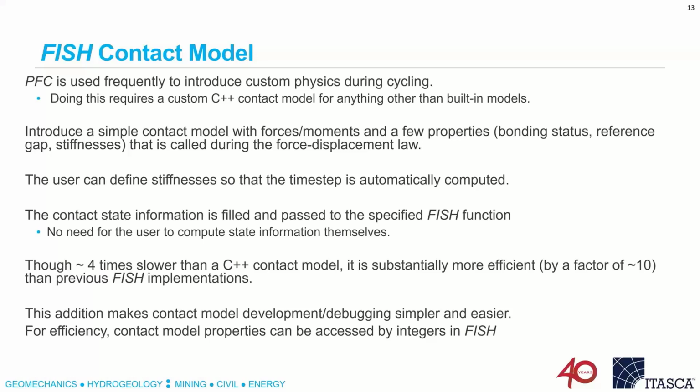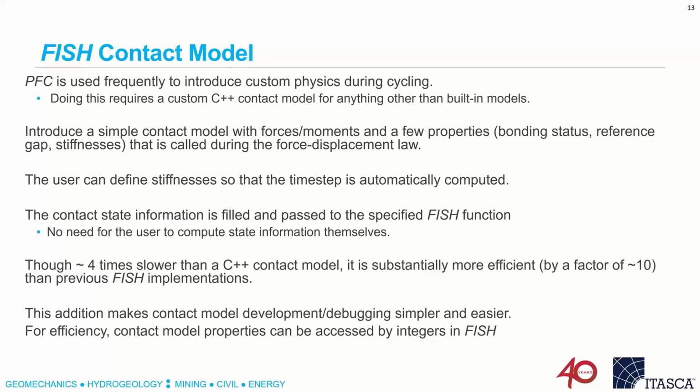And the contact state information is already fed and passed to the specified FISH function, so you don't have to worry about this. So this is a FISH way to implement a new contact law. It is approximately 4 times slower than a C++ contact model, but it is substantially more efficient than hacky FISH functions that would try to reproduce the same thing with previous FISH implementations.